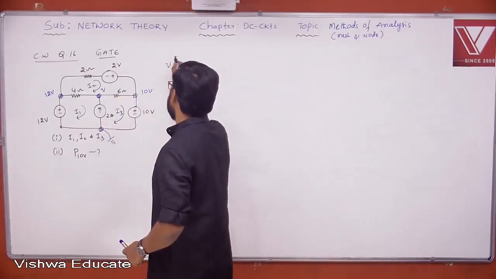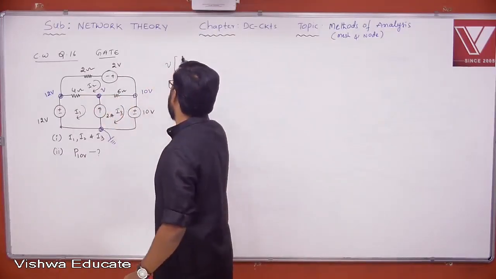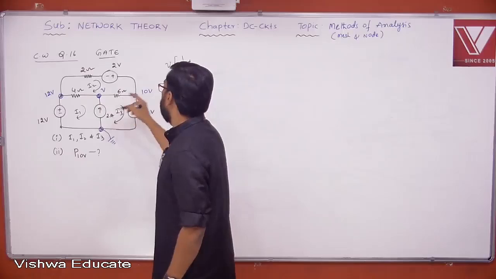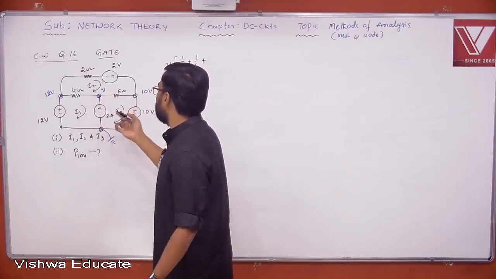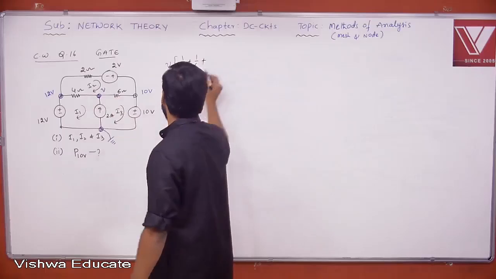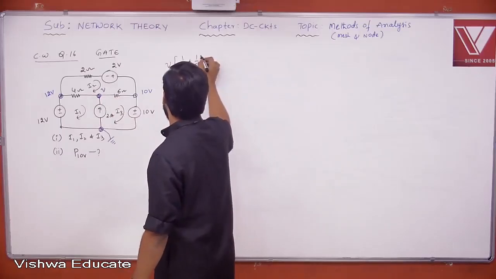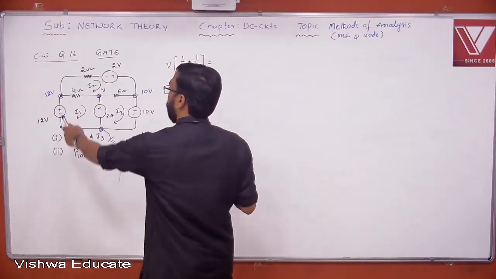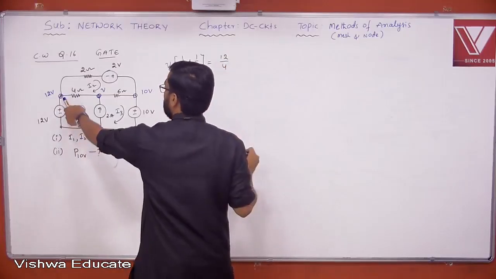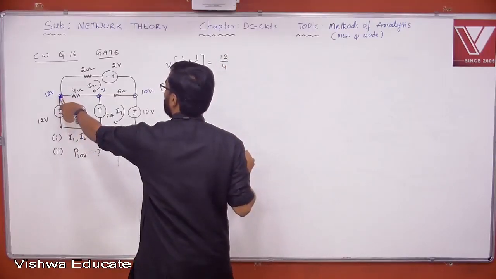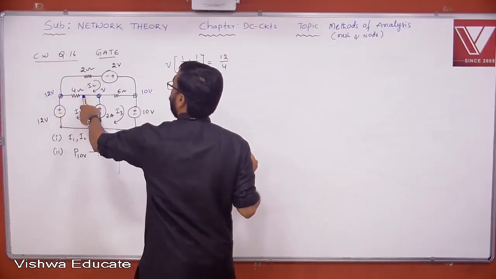Shall we go with inspection? V of 1 by 4 plus 1 by 6 equals 12 by 4. There are only 2 passive elements. I told you already, this is a special case. This node voltage is a constant, 12 by 4.